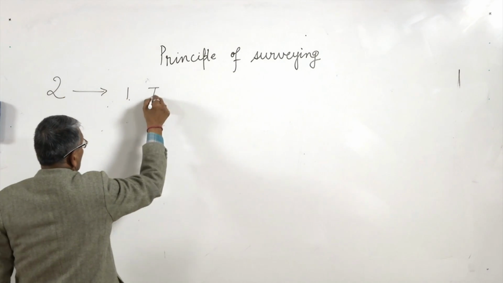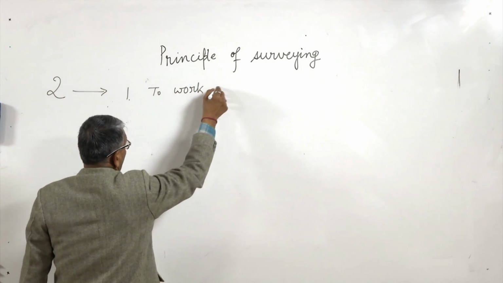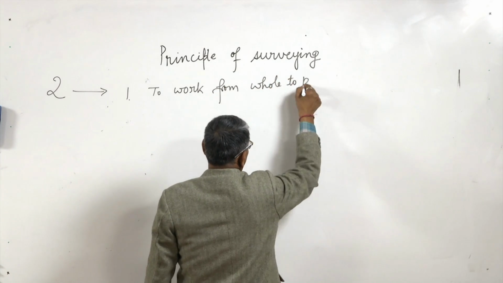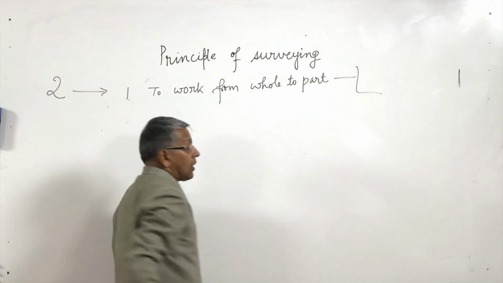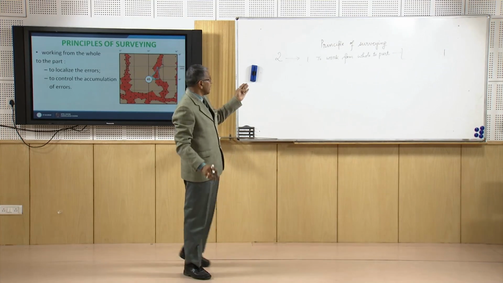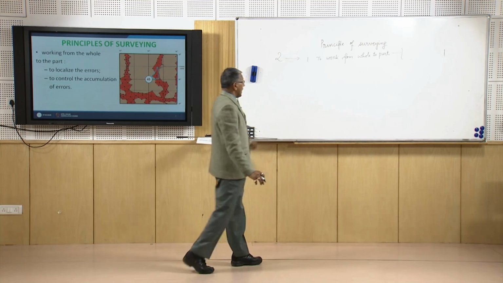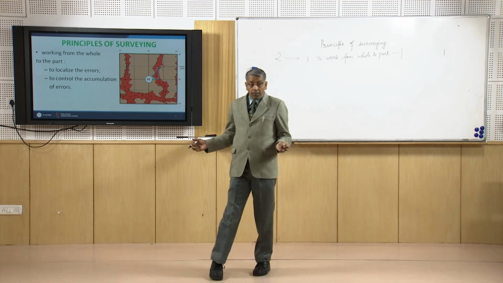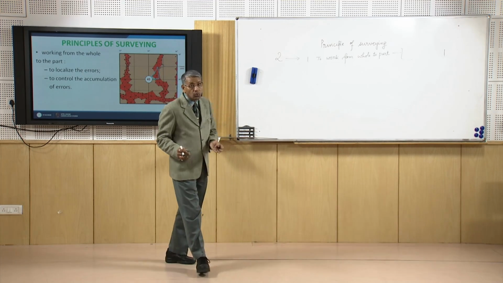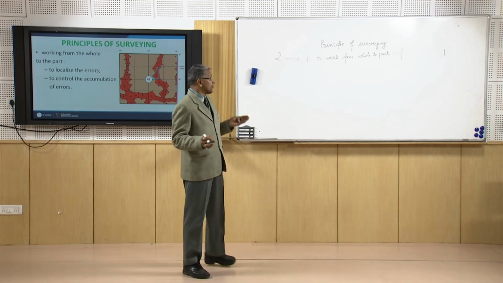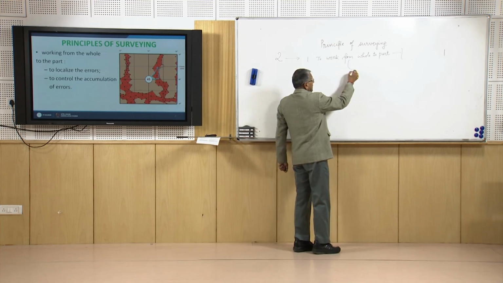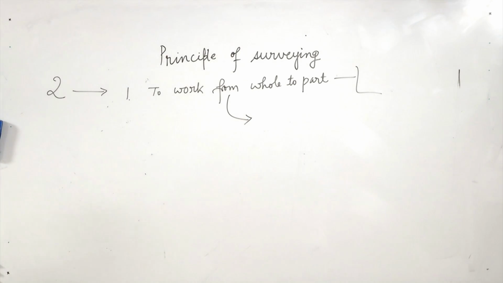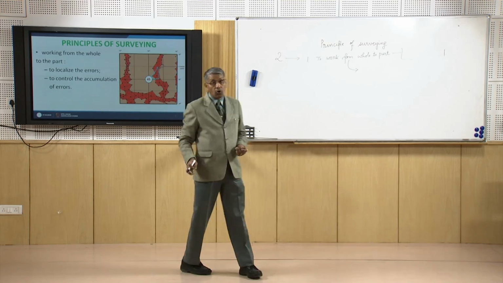One is to work from whole to part. The reason behind this is that by adopting this principle, we can minimize the amount of error and also restrict the accumulation of error. So fundamentally, to reduce the error associated with our surveying work, we adopt the principle of working from whole to part.